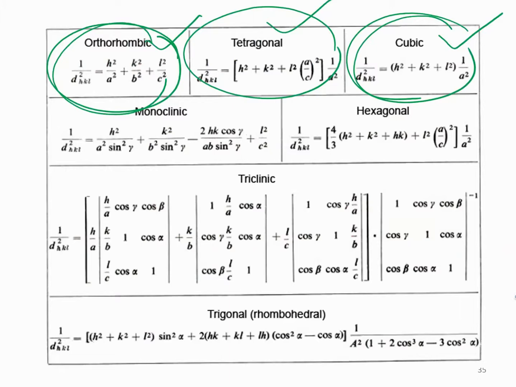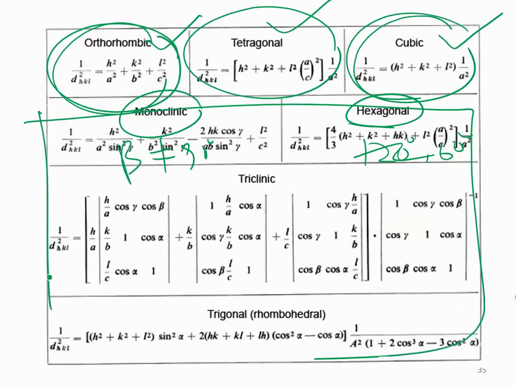But if it's not 90 degrees, like monoclinic, which has beta not equal to 90 degrees, hexagonal with 120 degrees or 60 degrees, then triclinic, where the angles are free, any angle, then for these crystal systems, the answer will be much more complicated.